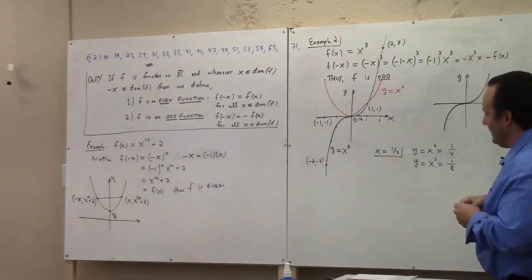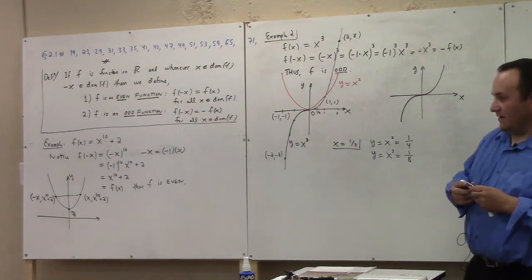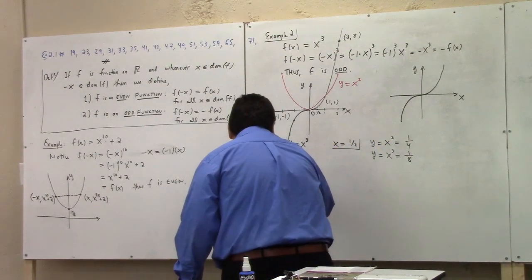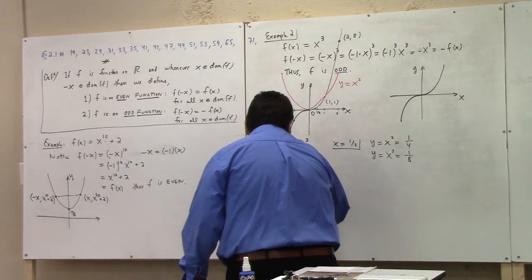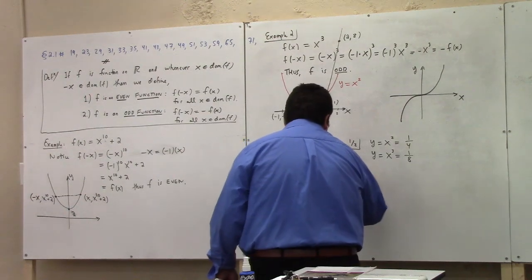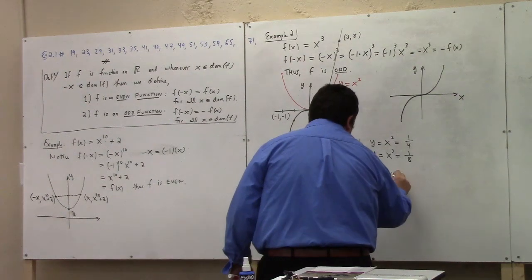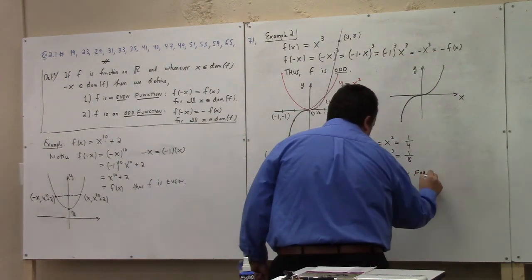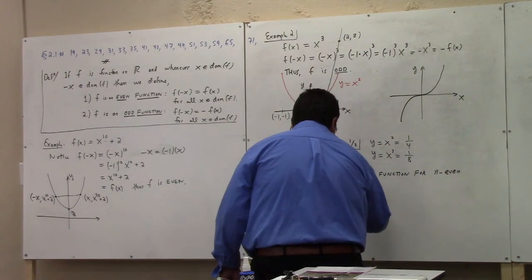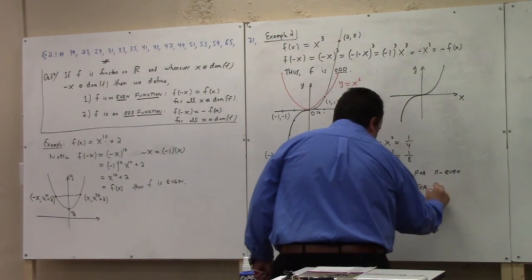And I think what I told you last class is that the names even and odd make a lot of sense if you think more generally: you could look at f of x equals x to the n, and it would be an even function for n even, as in an even number, and it would be an odd function for n odd.